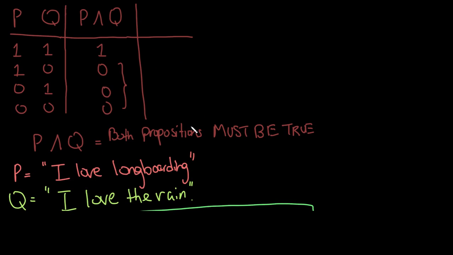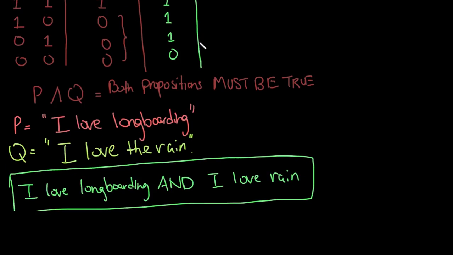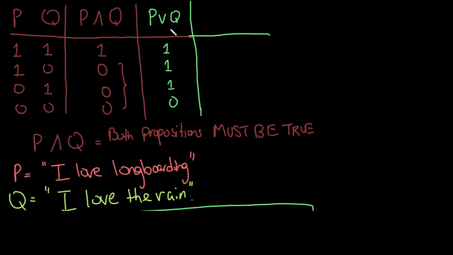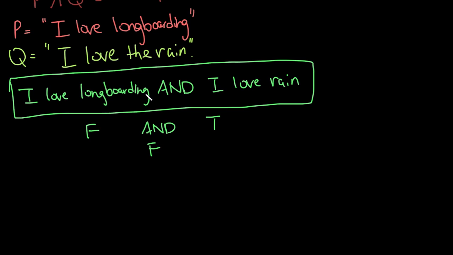Now let's look at a disjunction. A disjunction is P or Q, denoted with this symbol. It looks like a V, or it kind of is a V. It's basically true when at least one of the propositions is true. So in this case, this is true, this is true, this is true, and this is false. Looking at it the same way as the previous example: I love longboarding or I love the rain.